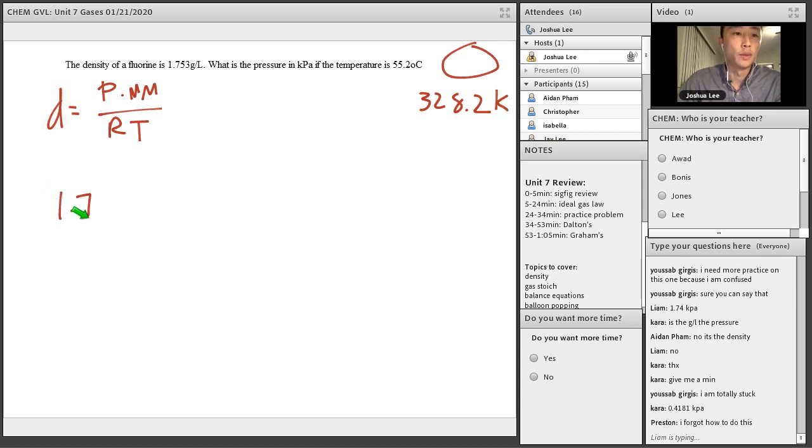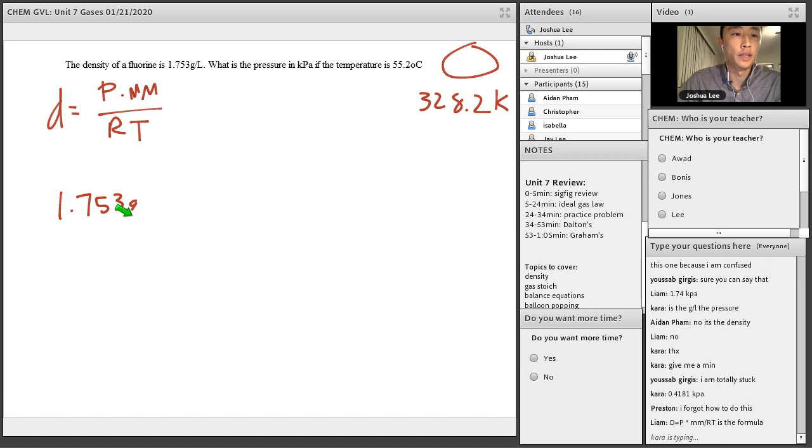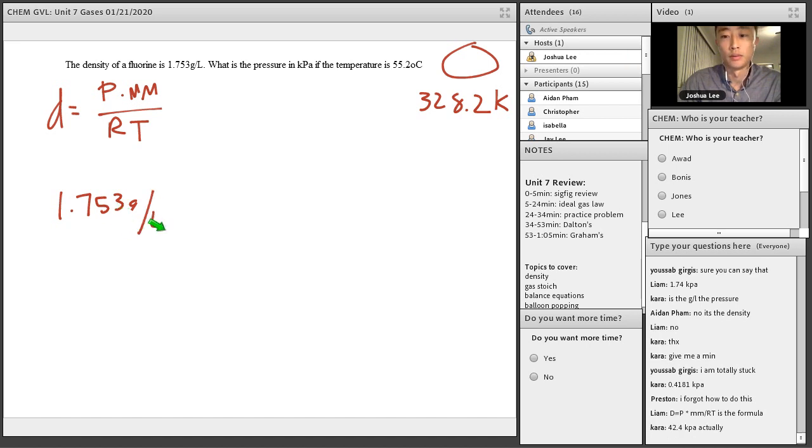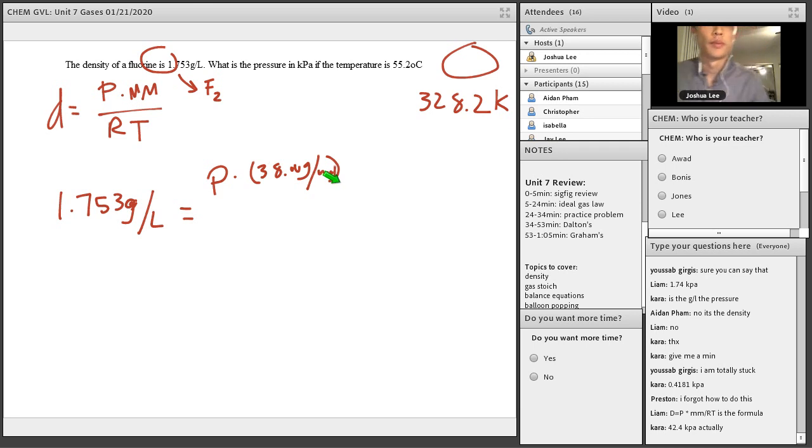So I have 1.753 grams per liter. I'm looking for the pressure, and let's see how you guys messed up on the molar mass. Molar mass is 38.00 grams per mole.